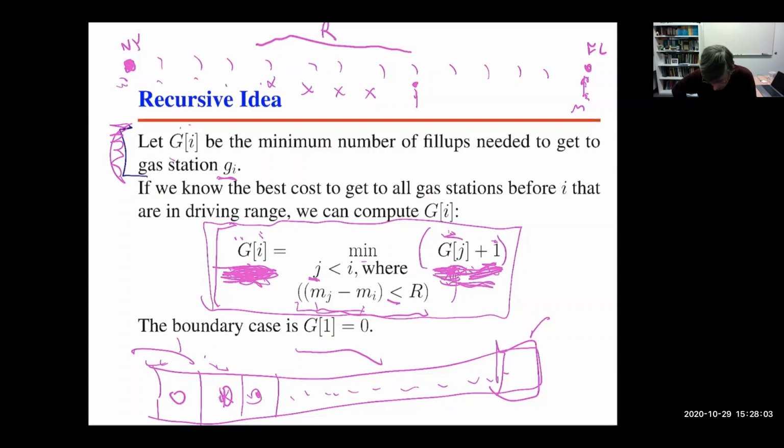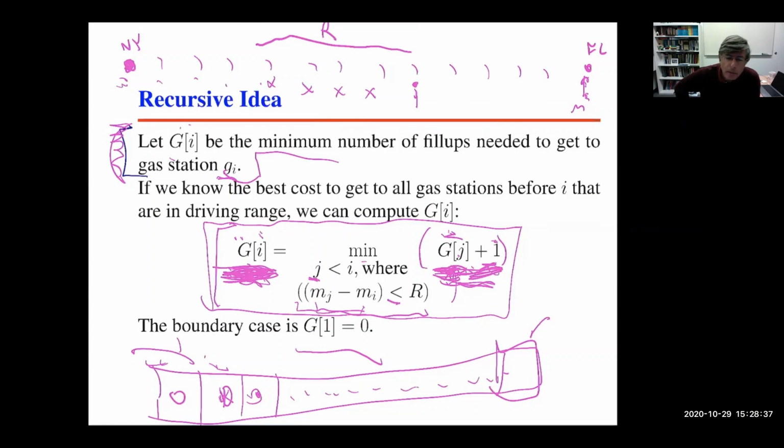G of J is by definition the minimum possible number of fill-ups to get to station J, and G of I is going to be this thing. Again, I'm confused by the questions in the chat. Somebody with a voice is what I'd like to hear. Any questions if you don't get it?